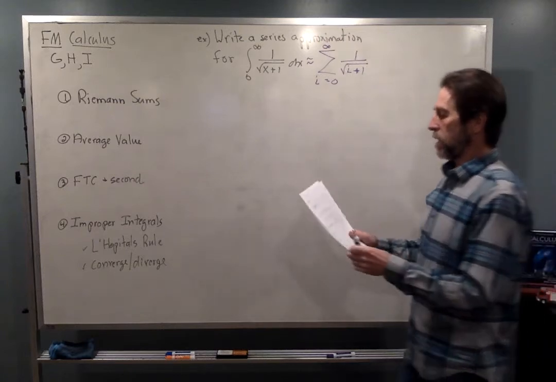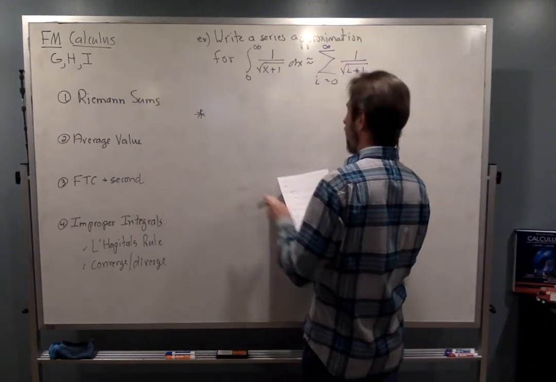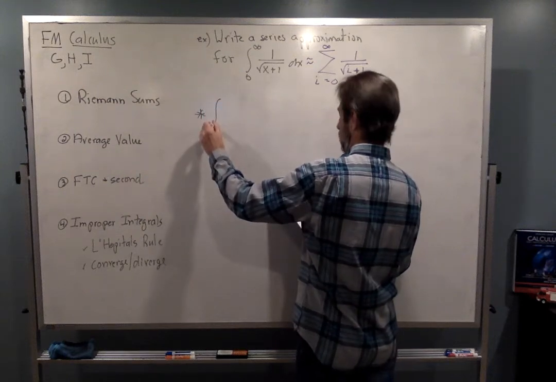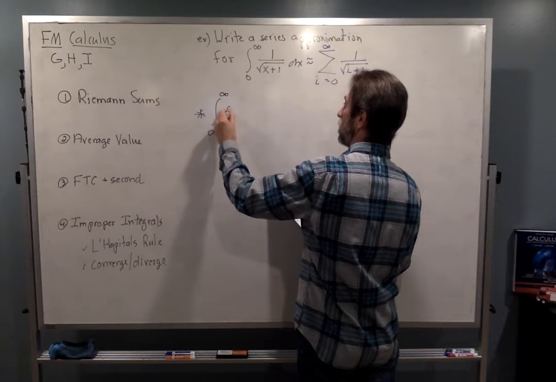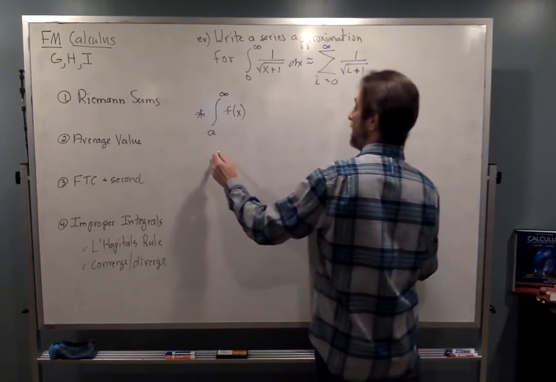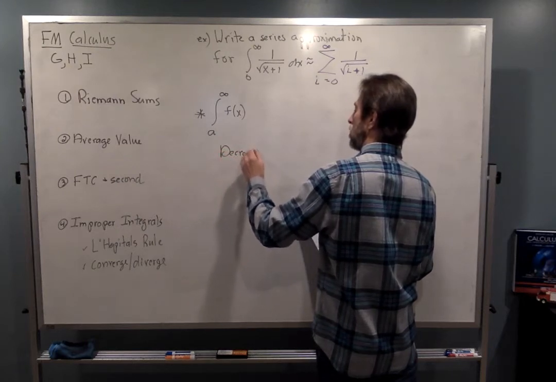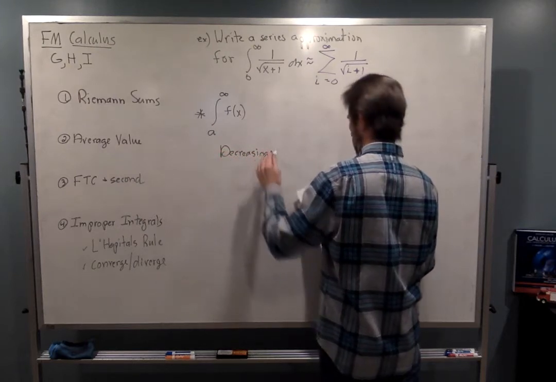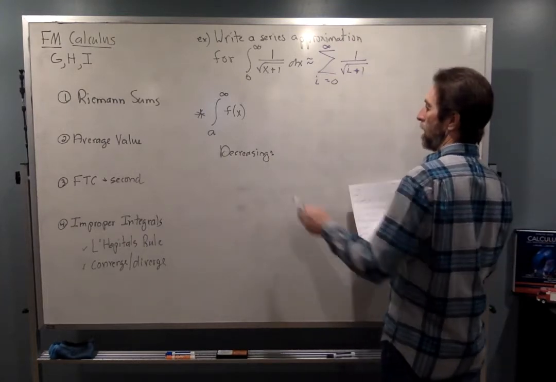One other thing that I think is important. If we have a function from a constant to infinity, and it happens to be decreasing, then what we can do is talk about lower sums and upper sums.